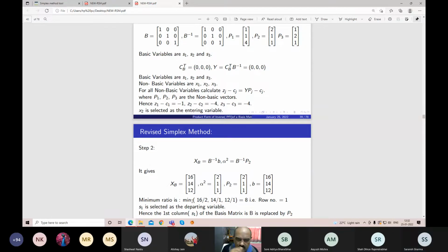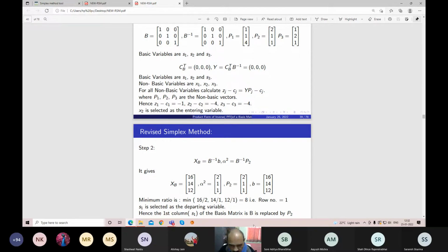Yes, sir. Now, I have told you, since x2 is the entering variable, P2 is the entering vector. With respect to P2, we will compute alpha 2. P2 is representing the column for x2 in our table.